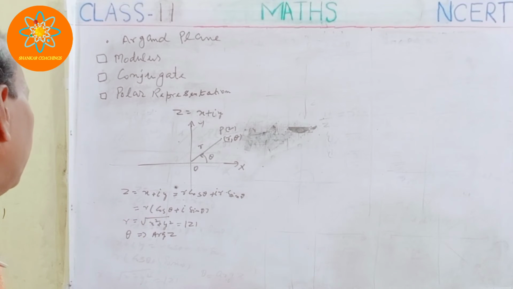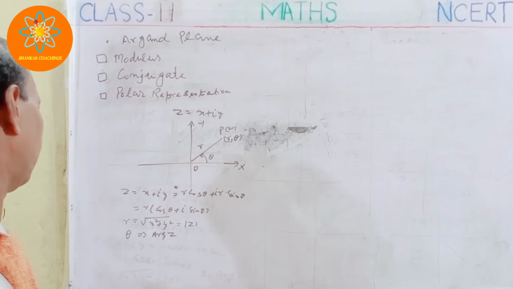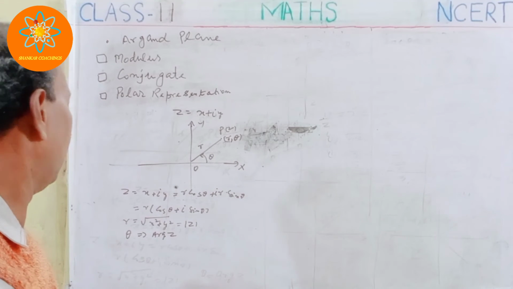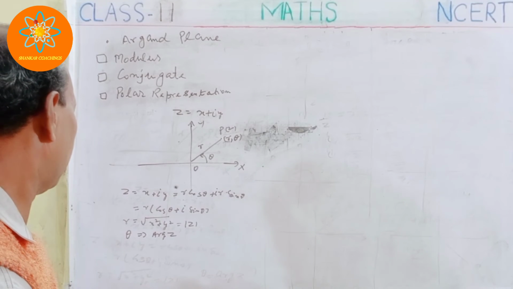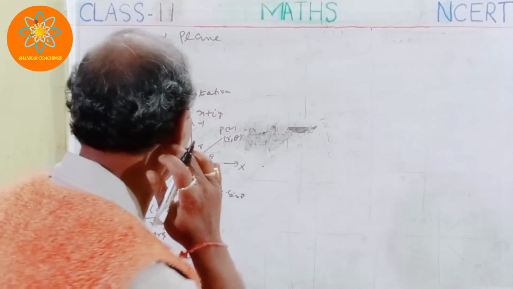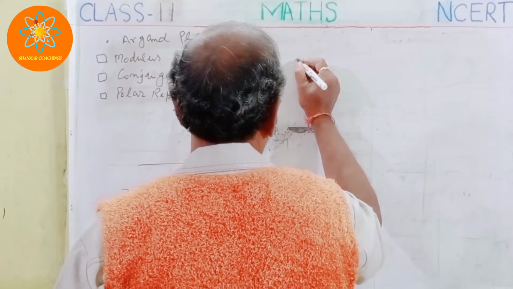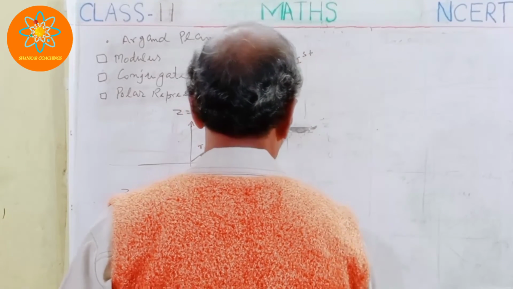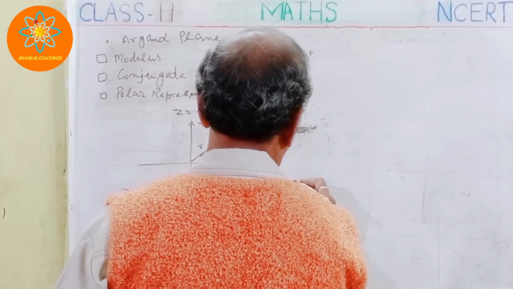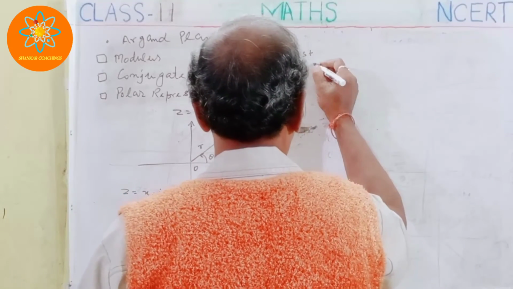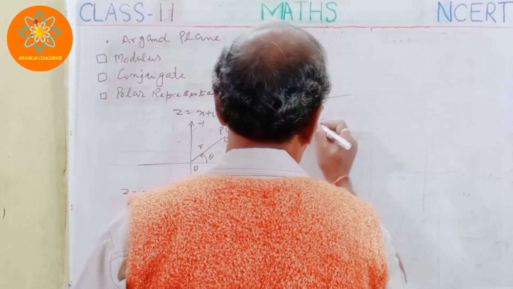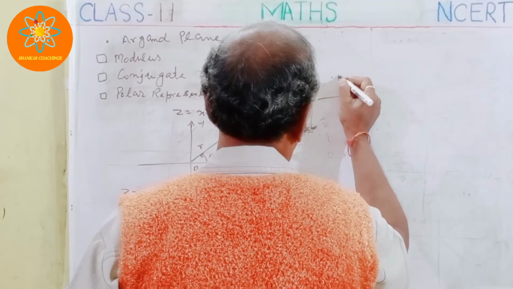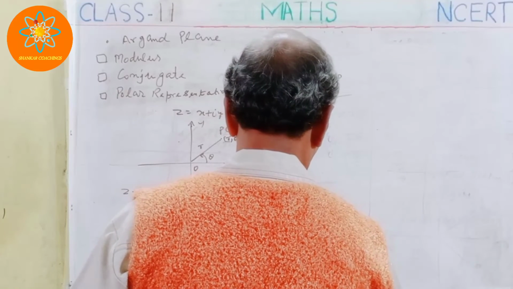How to find theta? For finding theta, we have two types of interval. One is theta lies between 0 to 2 pi, and the other is theta lies between minus pi and pi. I can divide it into cases: theta in the first coordinate and theta in the second coordinate.